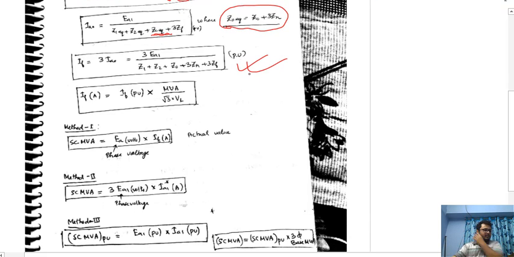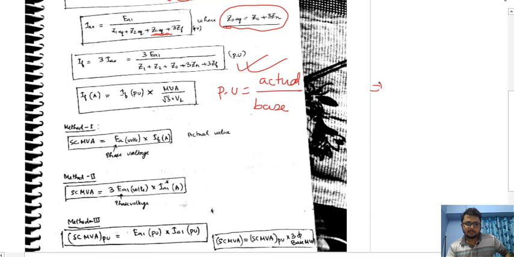Now, if this is in per unit, what is the actual value? PU equals actual by base. This implies actual equals PU into base. How much is PU? PU is this one. Into base.